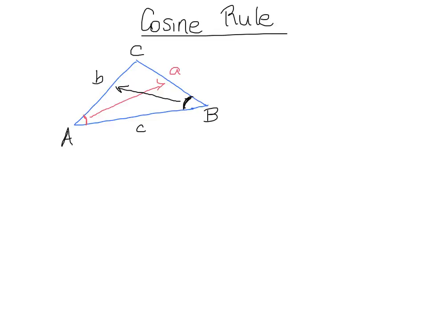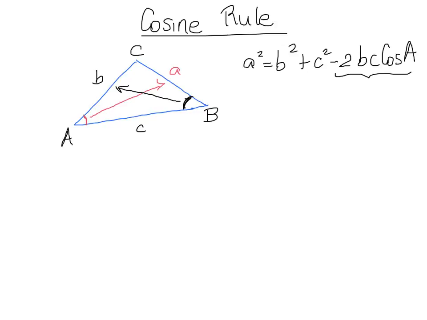Now, the cosine rule states that a squared equals b squared plus c squared. So far it looks very much like the Pythagorean theorem, but with a little adjustment on the end: minus 2bc cosine of A. This would actually work for a right triangle, but it's not necessary because in a right triangle, this part just ends up disappearing.